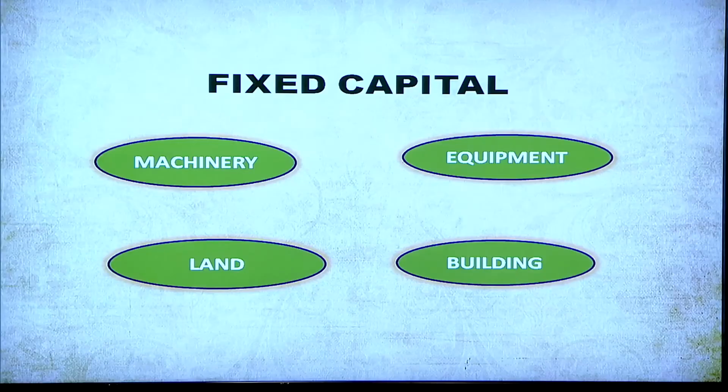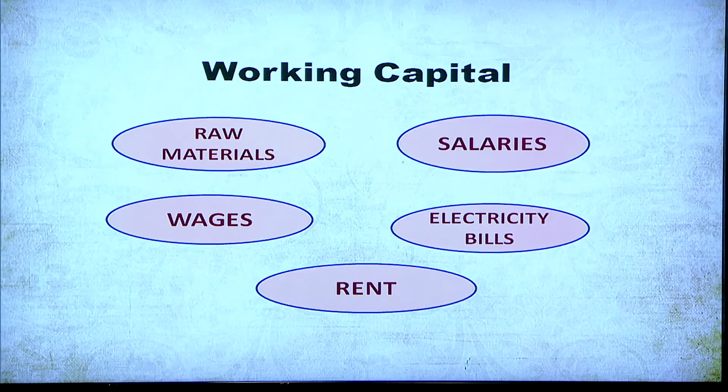Entrepreneur should consider which type of capital he needs. We have fixed capital like machinery, equipment, land, building, etc. Entrepreneur should arrange for working capital also, like raw materials, salaries or wages to be given to employees, electricity bill to be paid, rent to be paid.